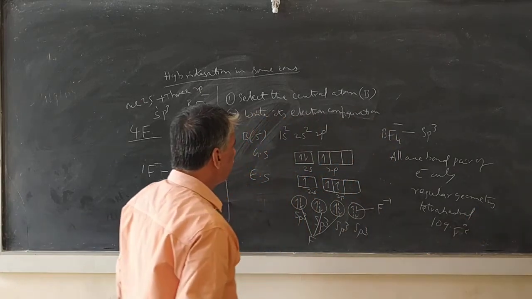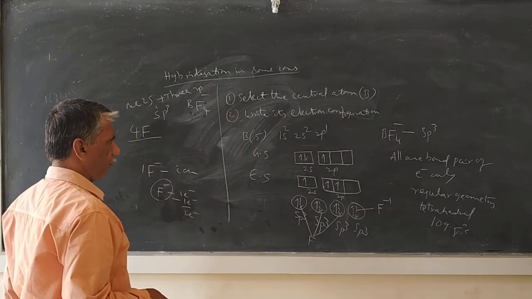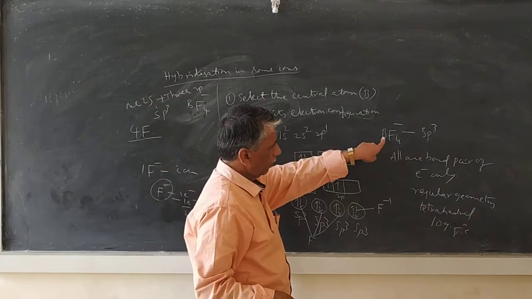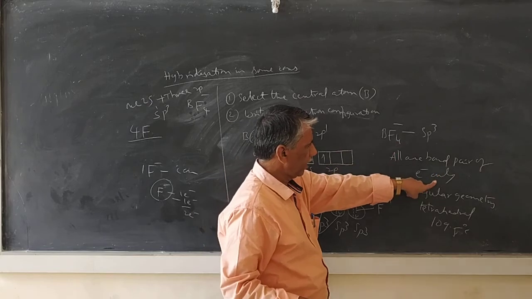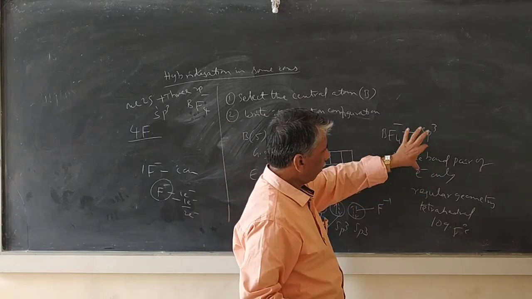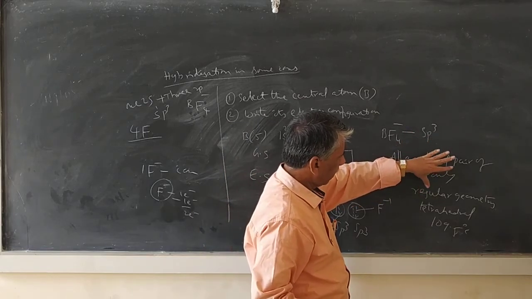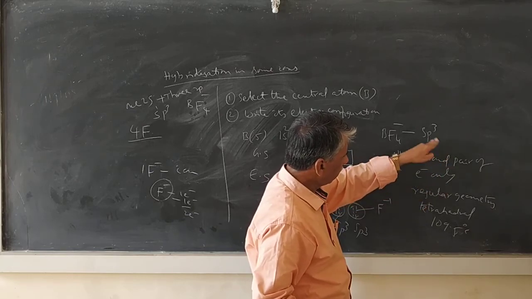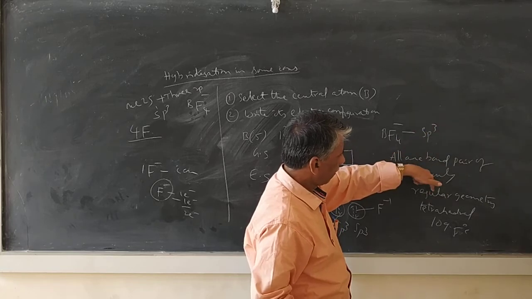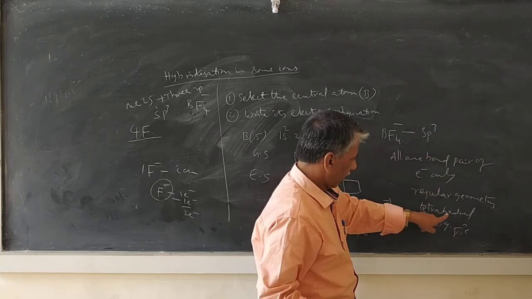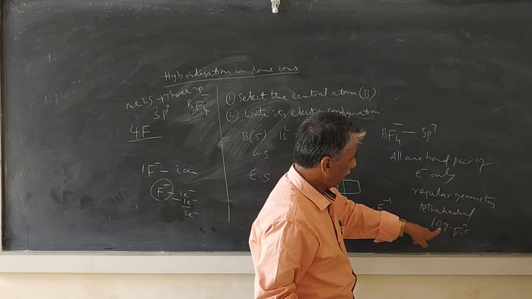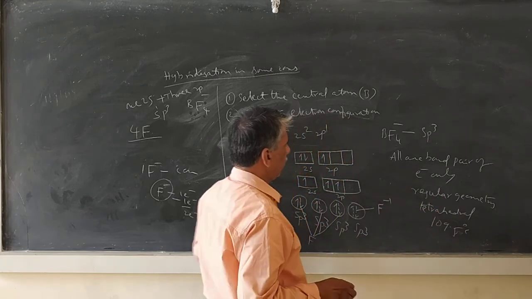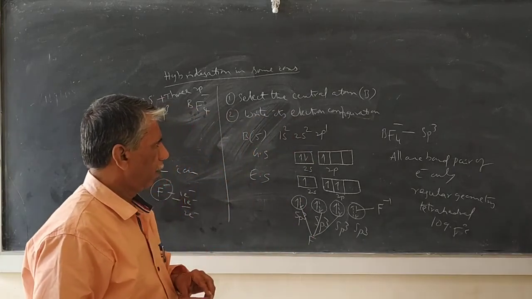Okay, so this is the explanation for BF4 minus ion. So what do you mean by regular geometry? Since the hybridization is sp3, the regular geometry for sp3 hybridization is tetrahedral, and the bond angle is equal to 109.5. So this is the explanation for BF4 minus ion.